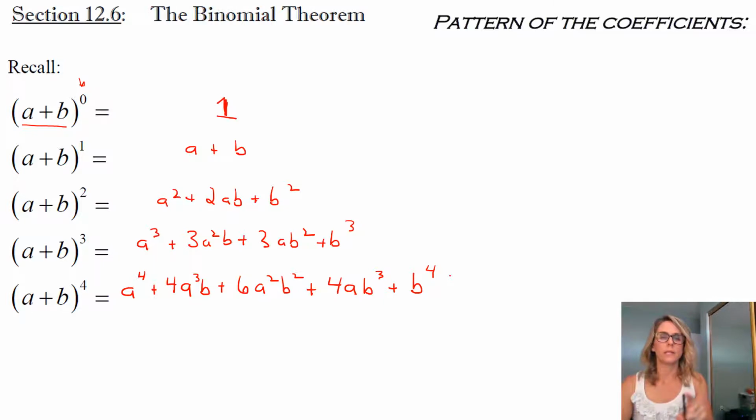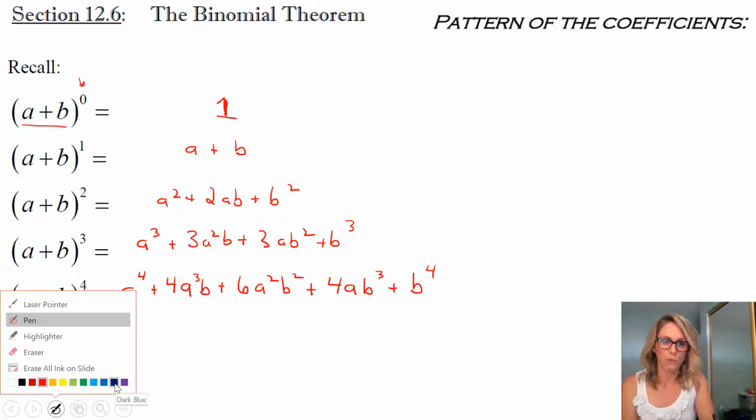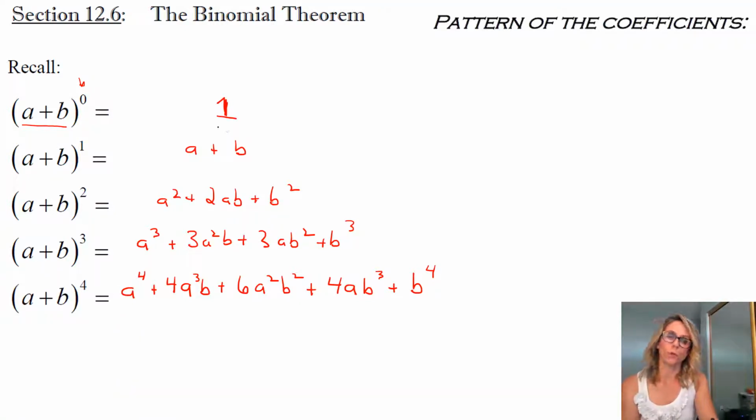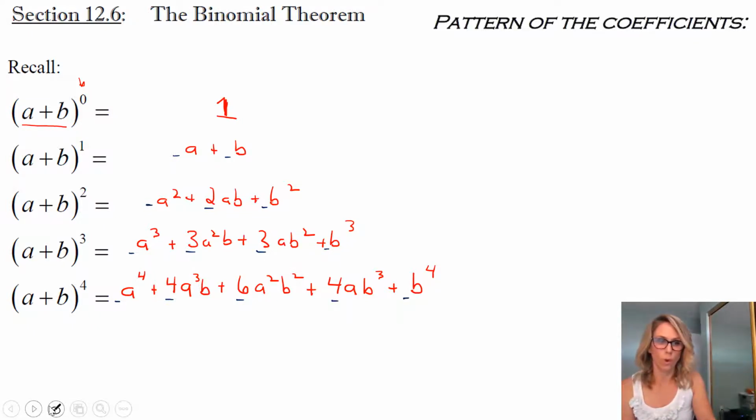Okay, now let's take a look at just the coefficients of each term, so the pattern of the coefficients. Of course we start with 1. You can picture these numbers when you don't see anything, however, some of them do have coefficients that are not 1. I'm going to put those into their own little pyramid under the pattern of the coefficients.